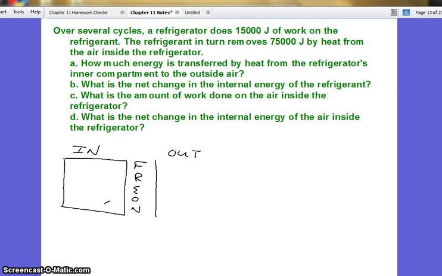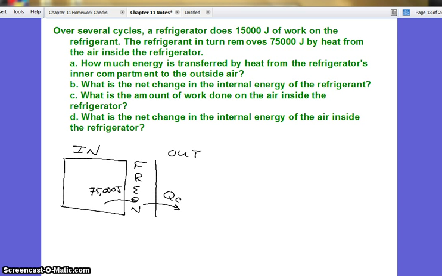And so we have 75,000 joules, it says. So I'll draw this in my diagram. It says it removes 75,000 joules by heat from the air inside. So the inside has 75,000 joules go into the Freon. And then the Freon has some amount of energy transferred to the outside.